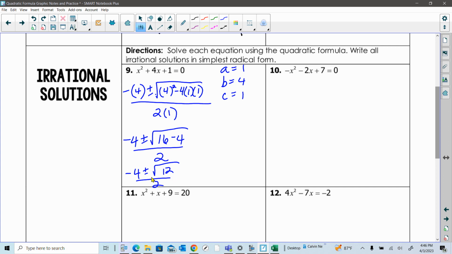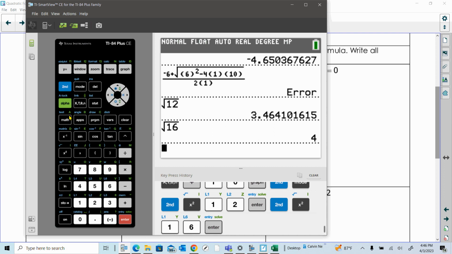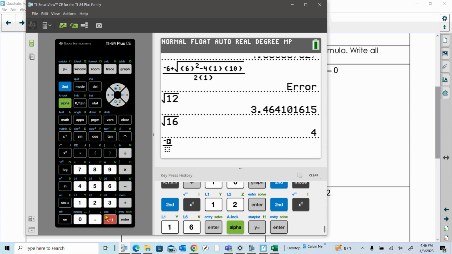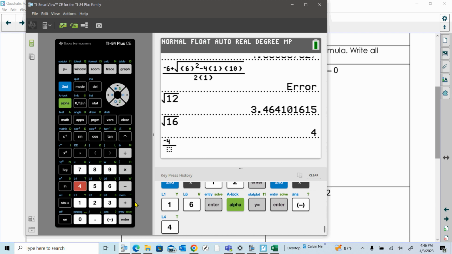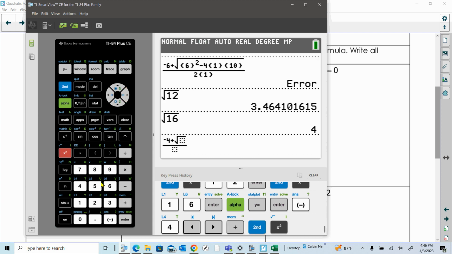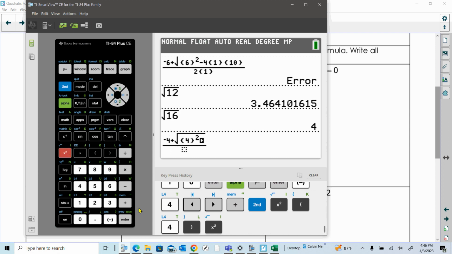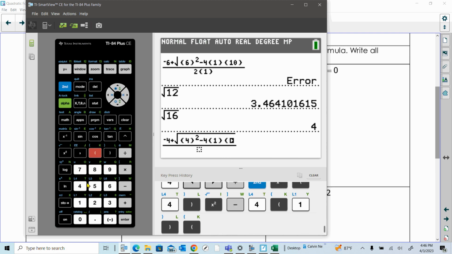So I can go straight to typing in my alpha y equals, our fraction bar, our negative 4. Let's do the plus sign first. Oh, not negative 4, sorry. It was, oh no, it was negative 4. Let's do plus, and then second x squared, our square root, parentheses 4 squared, minus 4 parentheses, we had 1 and another 1.